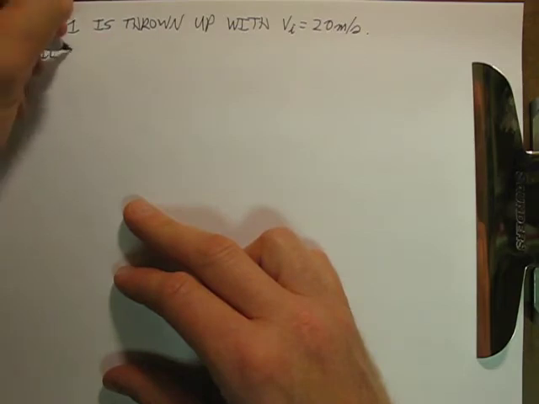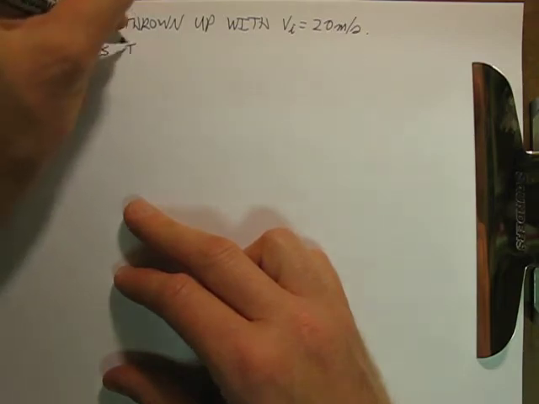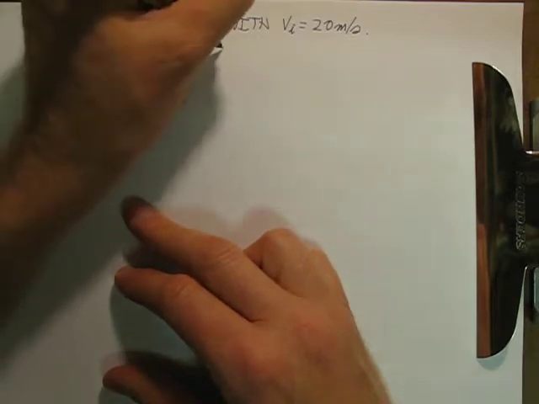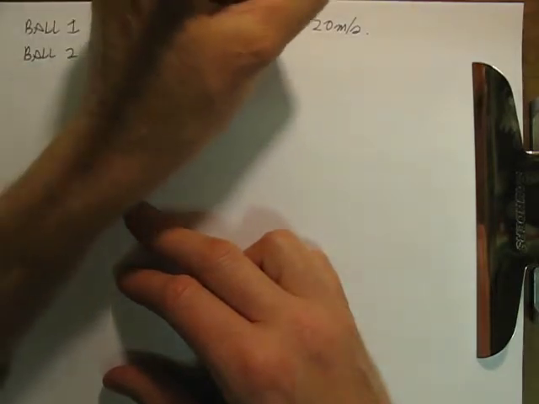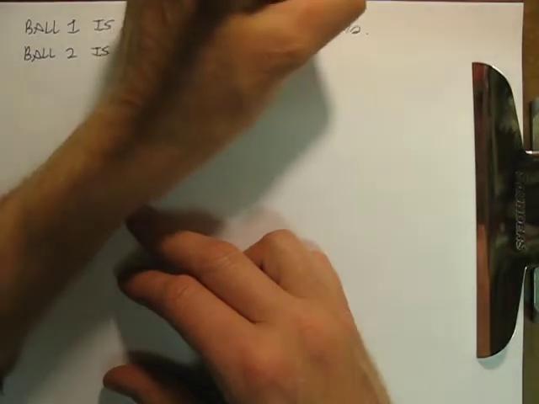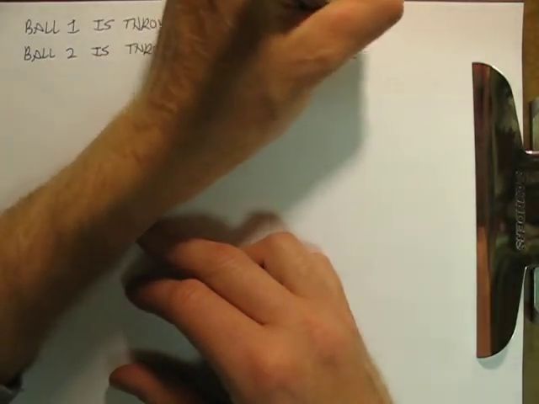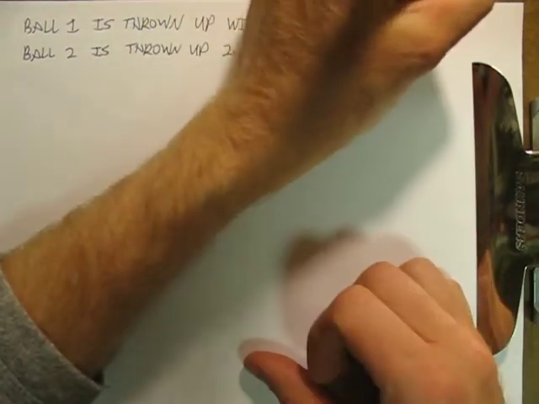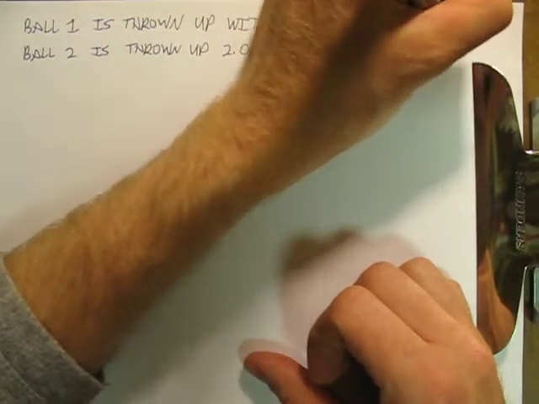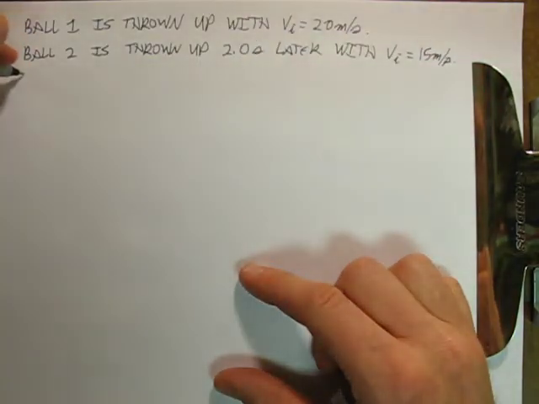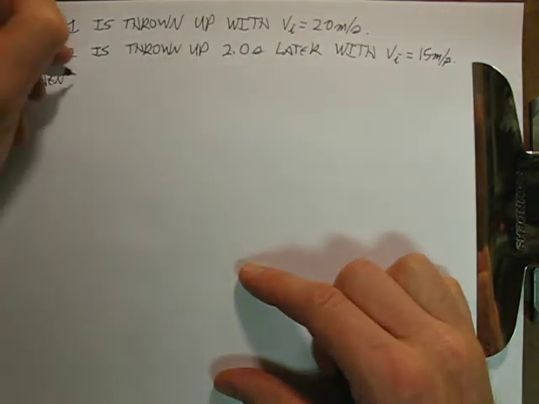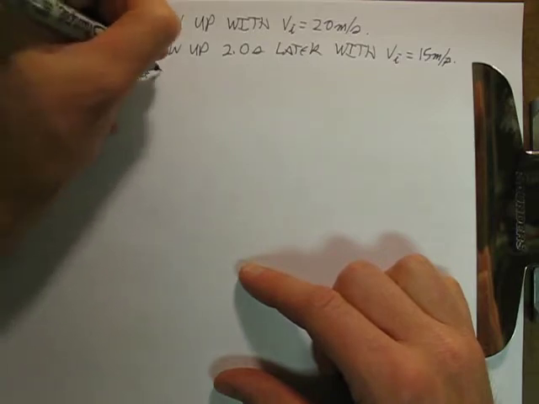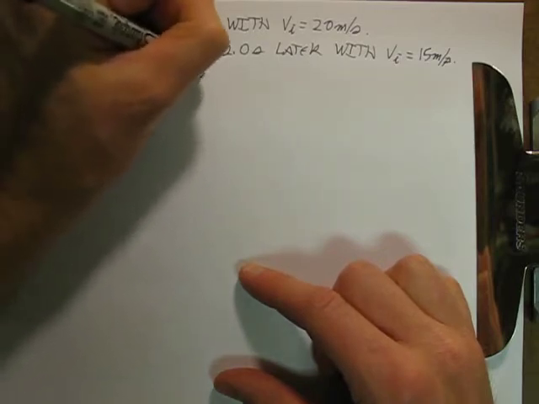Ball 2 is thrown up 2 seconds later with VI equals 15 meters per second. When and where do they meet?